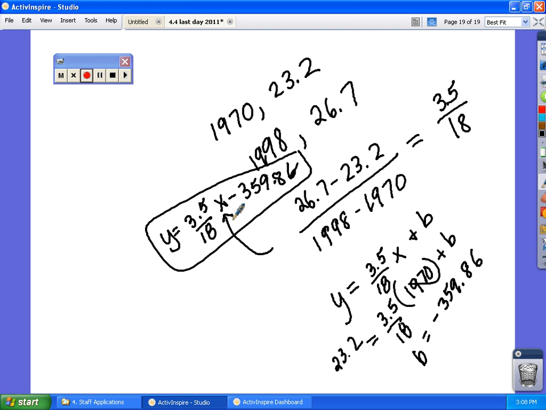So 3.5 divided by 18 times 2005 minus 359.86, and you get about 30 years.